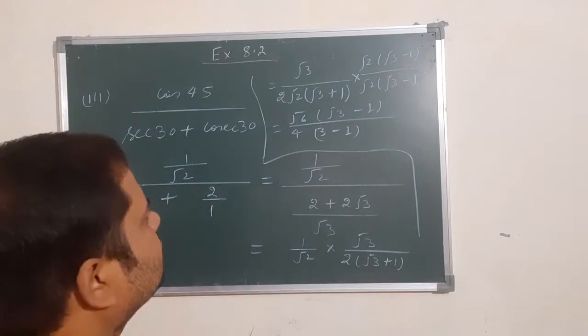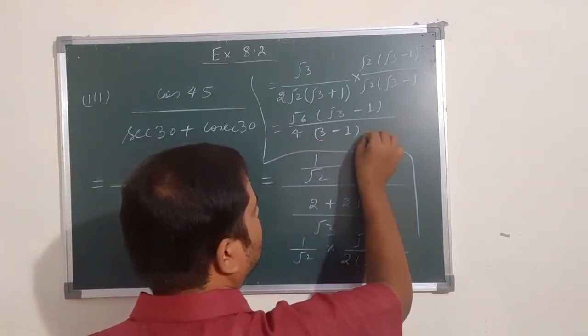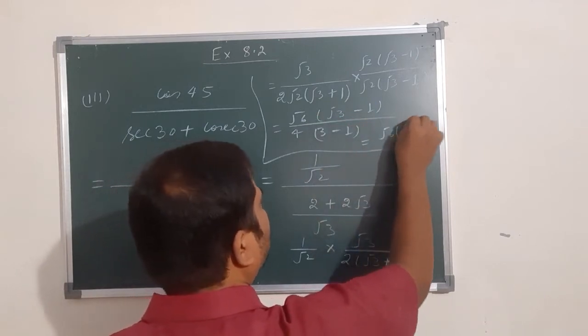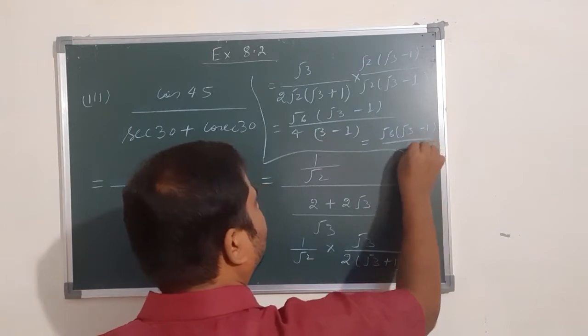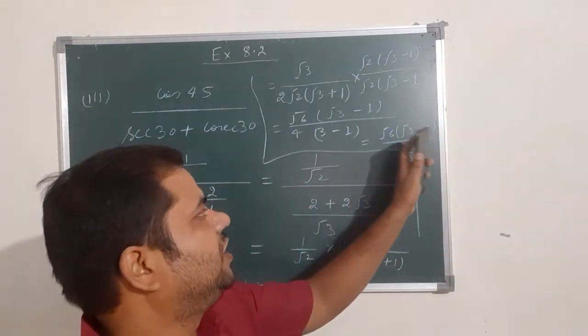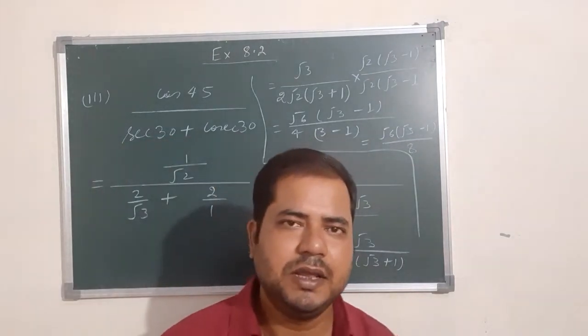Okay. So this is nothing but 3 minus 1, 2. So this is root 6 into root 3, directly we write here root 3 minus 1 divided by 8. Maybe this is the answer, if this is not the answer, then you multiply root 6 into root 3 minus root 6 and divided by 8.